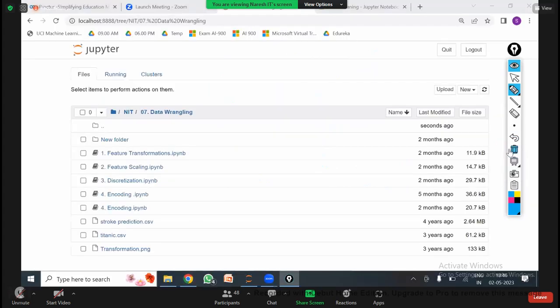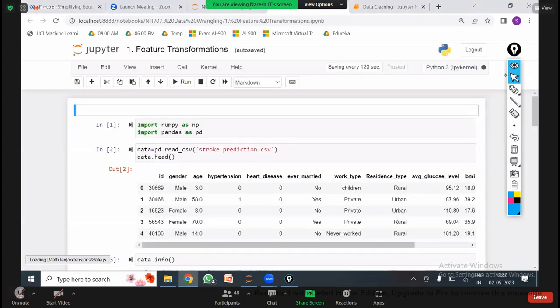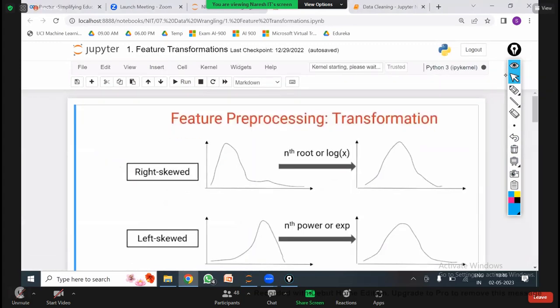Now, let's start with the first one, called feature transformation. Feature transformation means converting any skewed data to normal data.